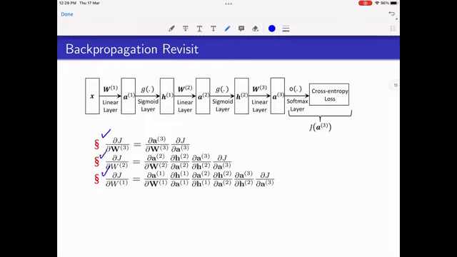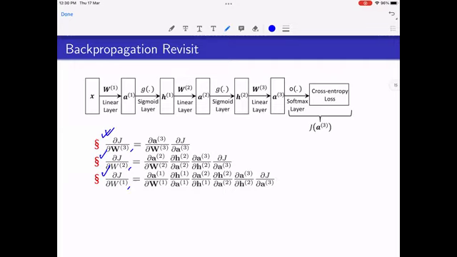So you do the forward pass, you get all the pre-activations, activations, etc. And then you do the backward pass where you compute separately the derivative of the loss with respect to all the individual parameters: parameters of layer 3, layer 2, layer 1, etc. You then employ that in your gradient update step: the new theta is the previous value of the parameter minus step size times this gradient. So that way you update.